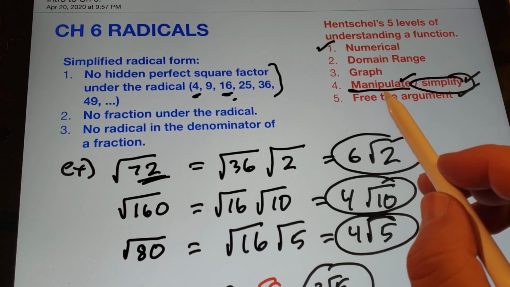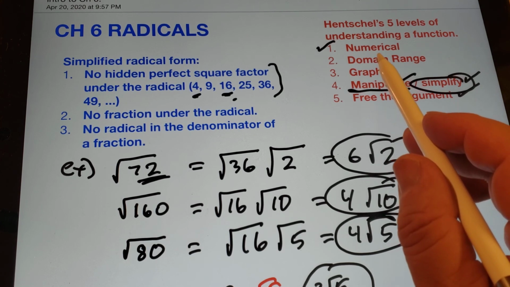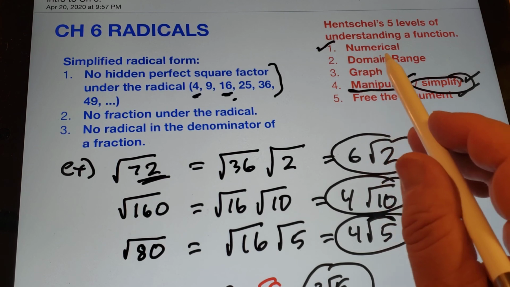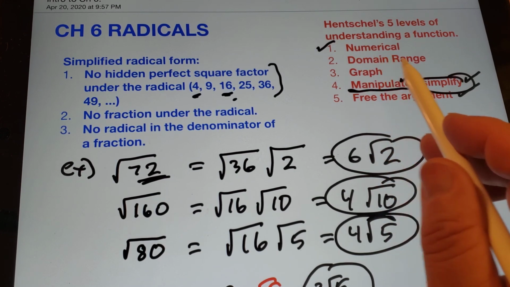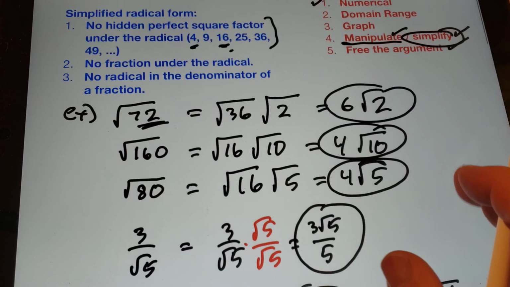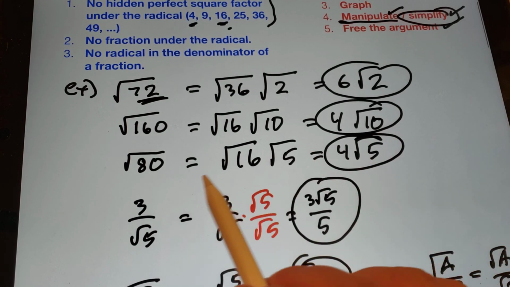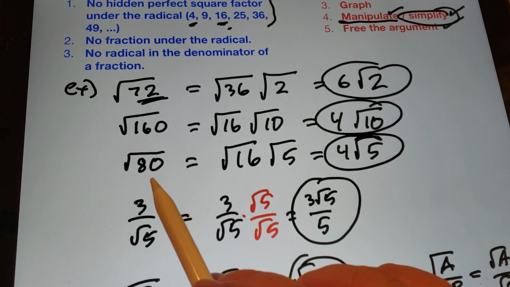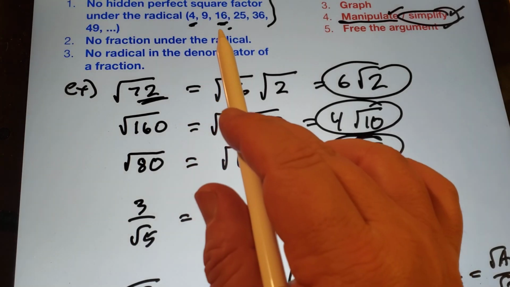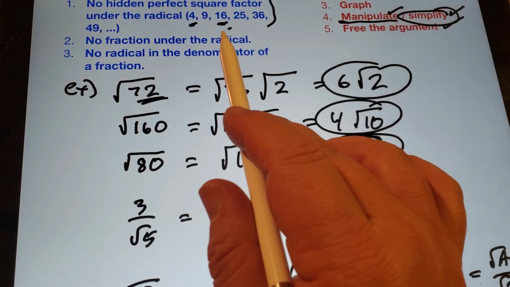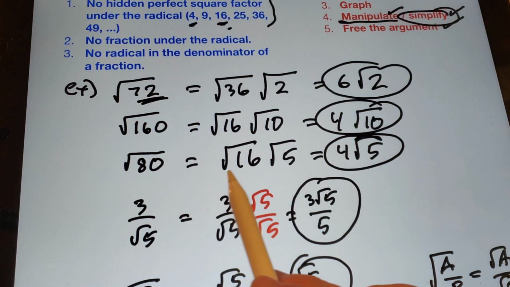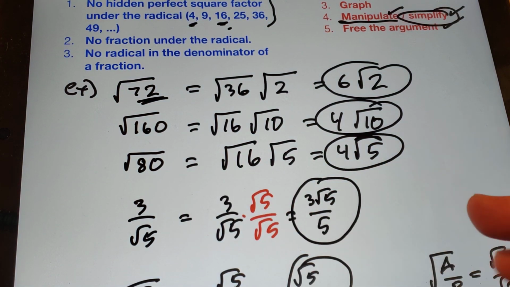But I want to point out that everything I did here did involve a very strong relationship or understanding with numbers. In other words, to find the hidden, you have to be good enough to look at this 80 and know what you're looking for, and to find the hidden perfect square factor of 16 in 80. So that's a very numerical thing.